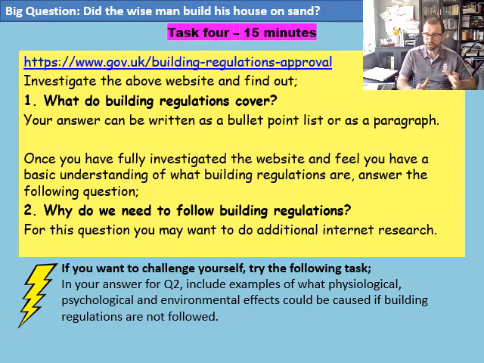There's a couple of key reasons why we need to follow building regulations, but I'll let you try and find that out. And we've added a little extra challenge there. You need to include some examples, particularly looking at environmental effects, psychological. So have a read of that question, see if you can add to that. That's going to take about 15 minutes, so feel free to pause the video at this stage and come back to it later.